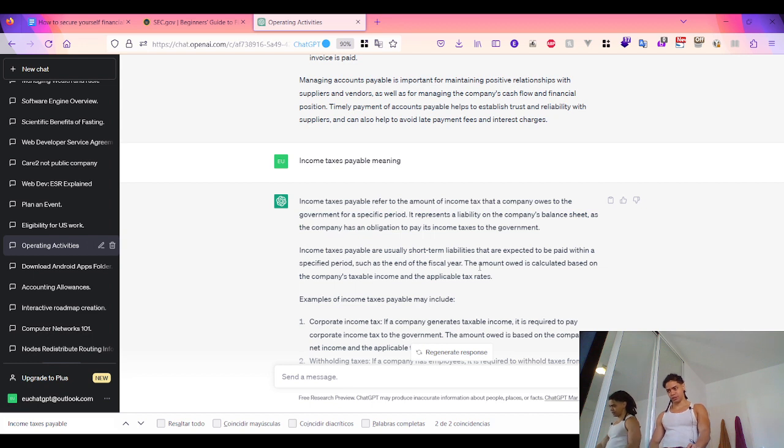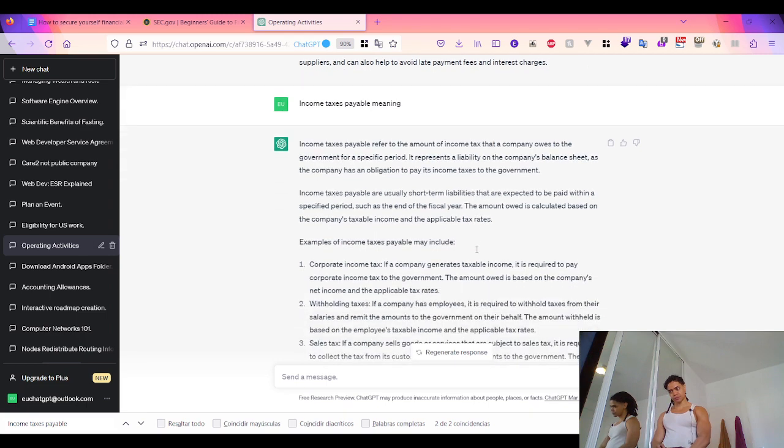Interesting. Okay. So it represents a liability on the company's balance sheet, as the company has an obligation to pay its income taxes to the government. Income taxes payable are usually short-term liabilities that are expected to be paid within a specific period, such as the end of the fiscal year.